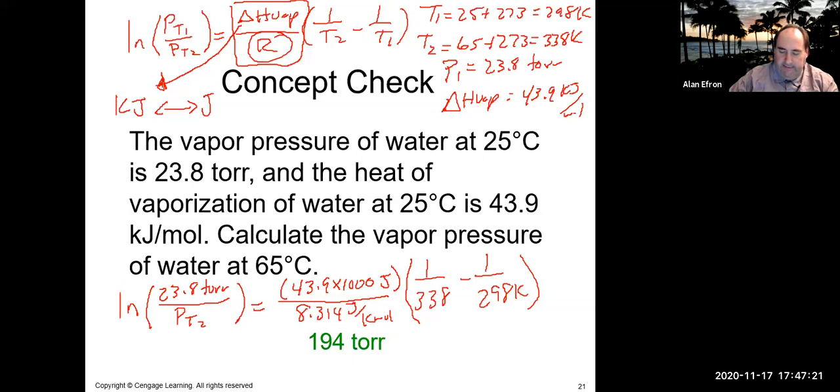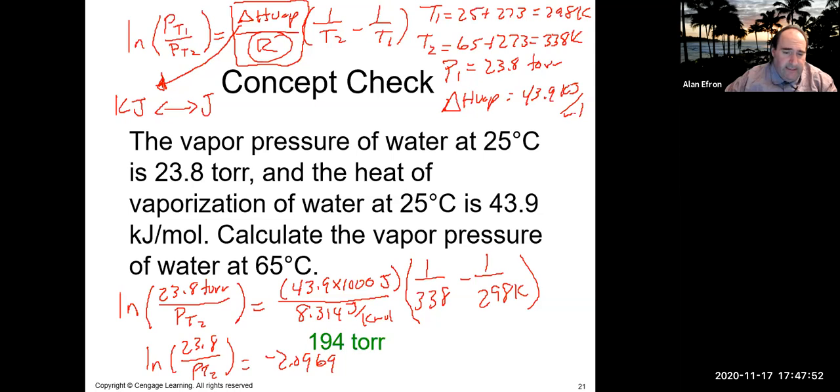We're going to times it by 43.9 times 1,000, and then divided by 8.314 there. That's going to give us something like minus 2. The natural log of 23.8 over P of T2 is going to give us minus 2.0969. We need to get rid of the natural log on both sides.